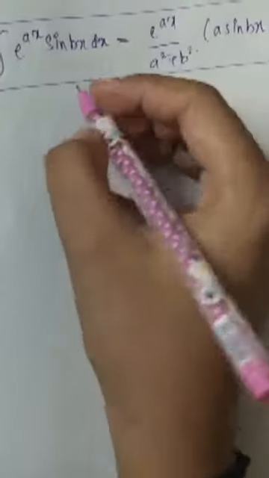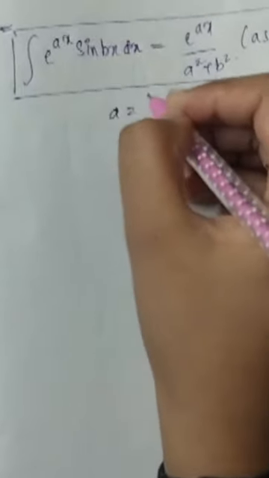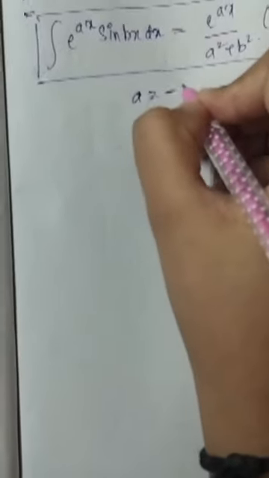Oh sorry, here it is a sin bx minus b cos bx. So this is the formula. Now here a is minus s, b is 1.